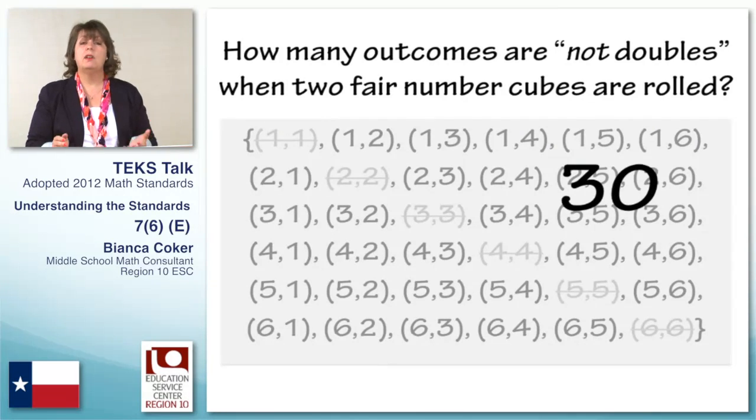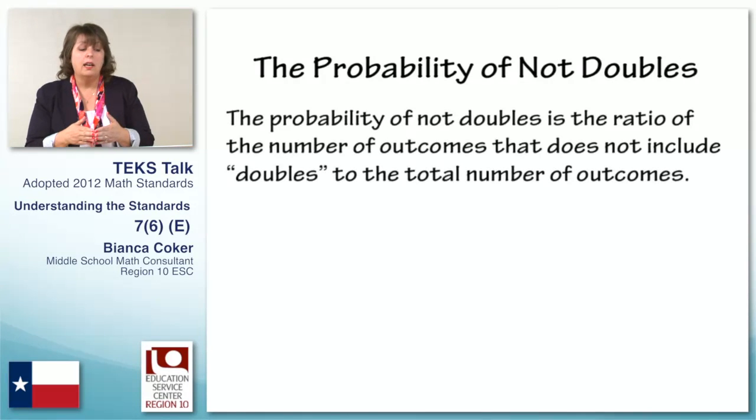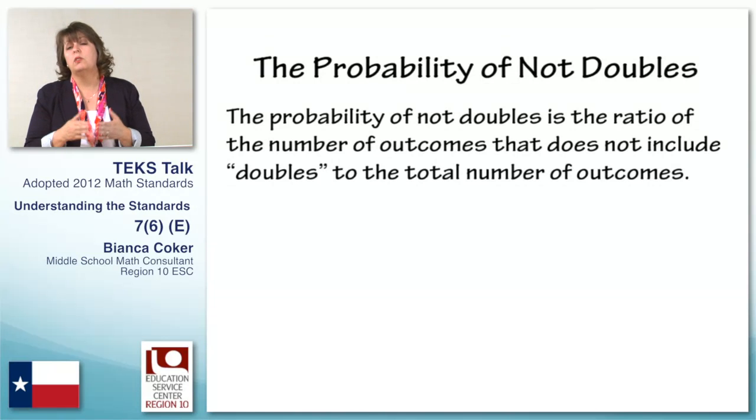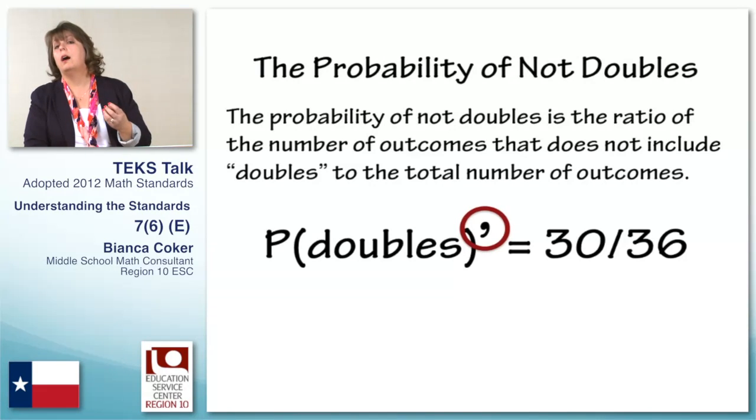So the probability of not doubles is again going to be the ratio of the number of outcomes that does not include doubles to the total number of things that can happen. So we'll write probability of doubles complement equals 30 divided by 36. Notice our little symbol up here. That means not or complement.